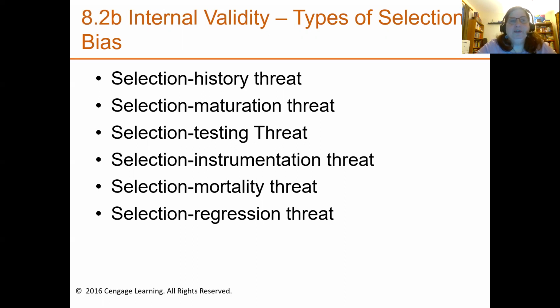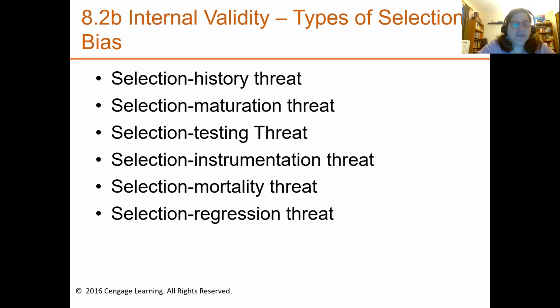Okay, so the plain history threat, just pretend you have one group, and selection history is if you have two groups and it happens differently. Similarly, selection maturation would be if one group experiences maturation at a different rate or in a different way than another group, experimental versus control. With selection testing, maybe the test impacts one group differently than another.